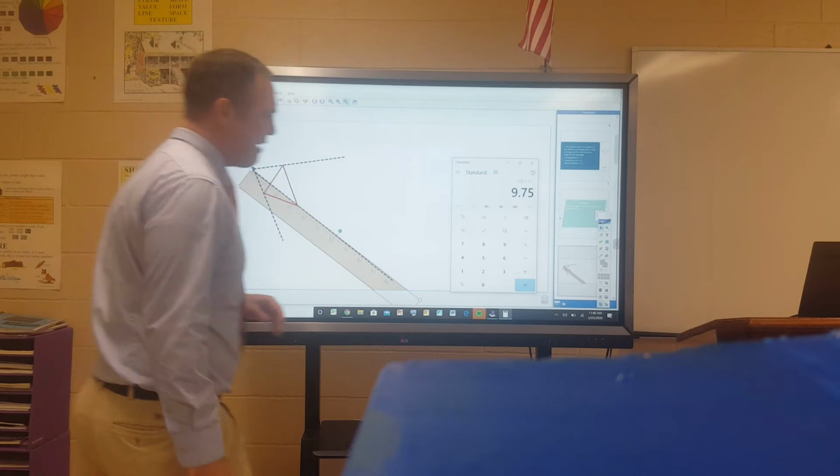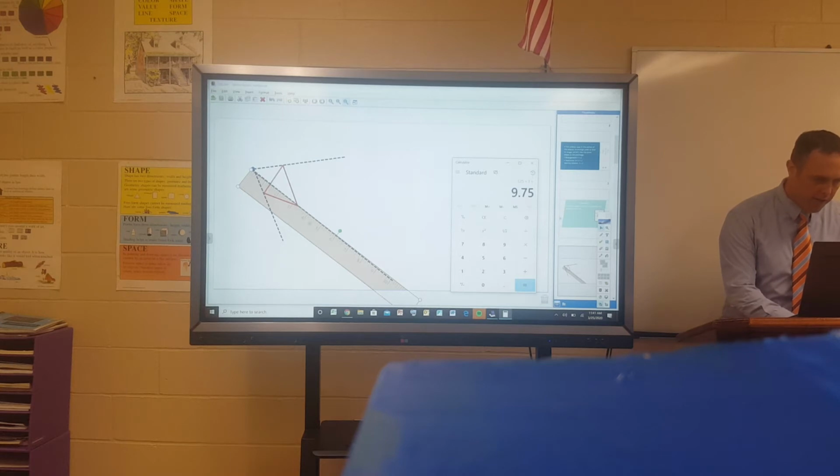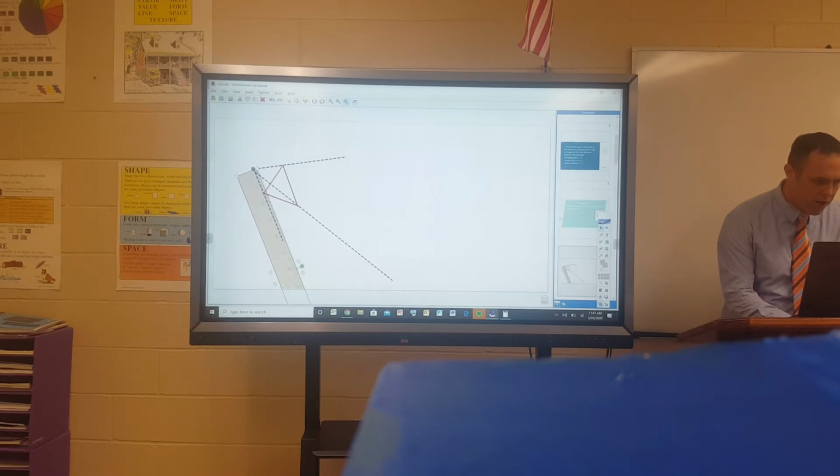Then we're going to do the last point the same way, making sure to show you every one of these points just so that you understand. You do all of them the same way. Line it up there on the point. Try to get it parallel with the last line. A little bit off. Try to rotate that a little bit.